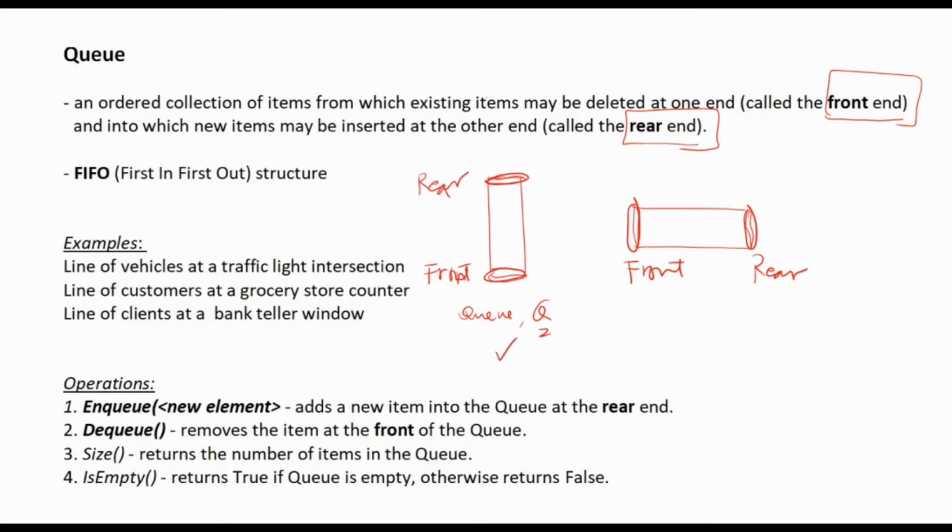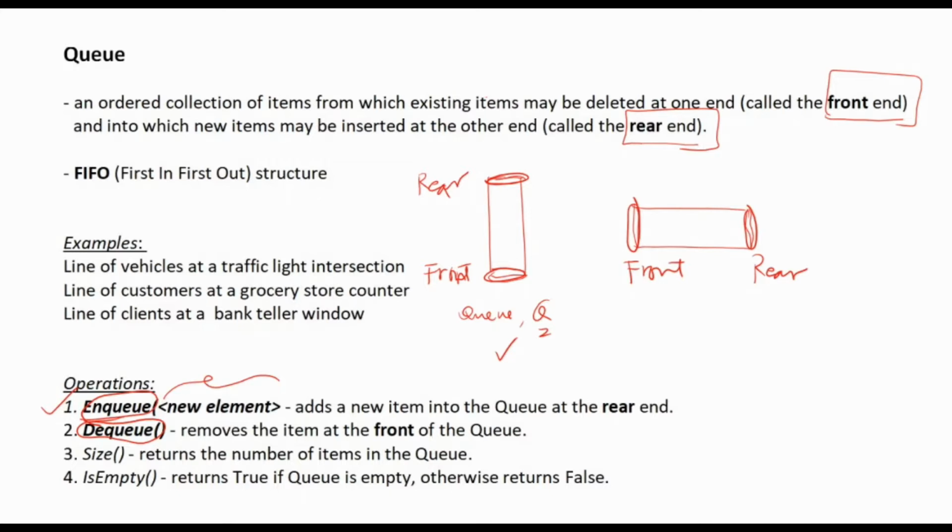The insertion operation for Q is called NQ. That is the insert operation for Q. NQ, and take note, just like push for stack, there is one parameter which is the new element or new item to be inserted. While for Dequeue, which is the delete operation for queues, it has no parameter since we're going to delete only from the front end. We cannot delete elsewhere in the structure.